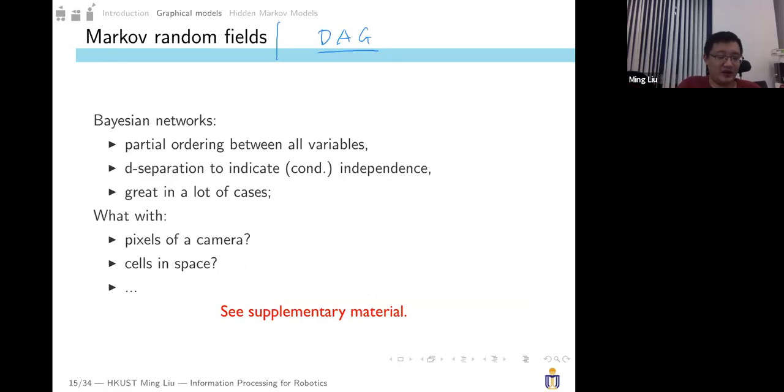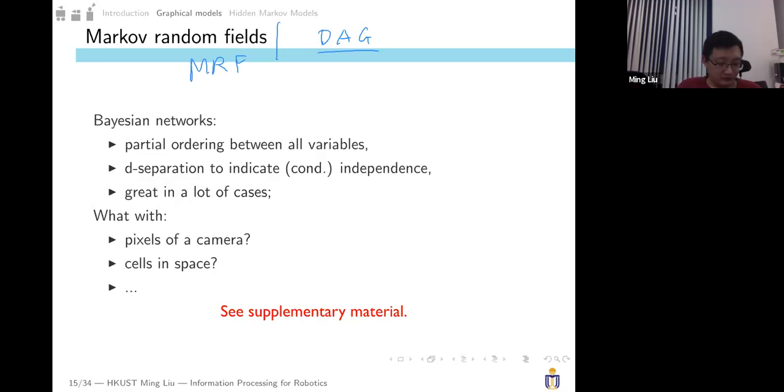Typically, MRF is used for computer vision problems. Also, you can use that for other problems, like the extension from the MRF, which is the CRF, conditional random field. But MRF is the basic representation of an image, especially the correlation between the pixels in an image.